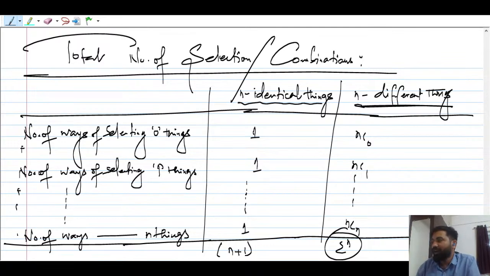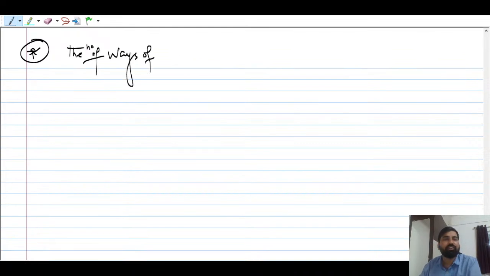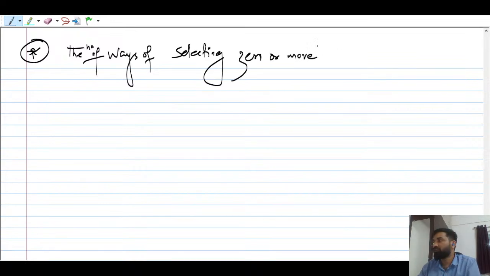So if someone is going to ask you the very first concept, the number of ways of selecting 0 or more objects from n distinct objects.